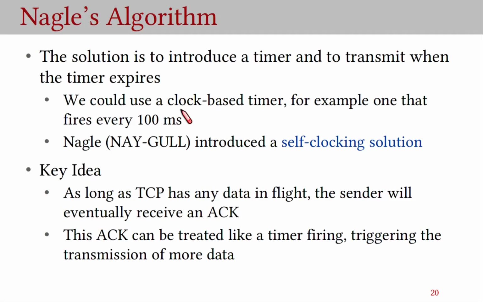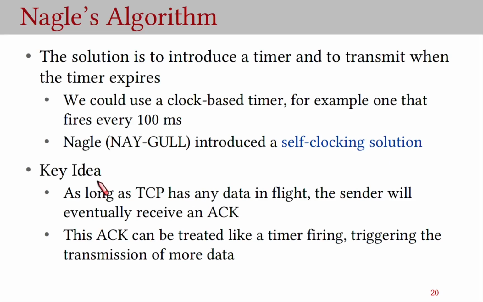Some applications may require less, some require more. So what do we do? There is an algorithm called Nagle's algorithm, and it is basically a self clocking solution to this silly window syndrome problem.